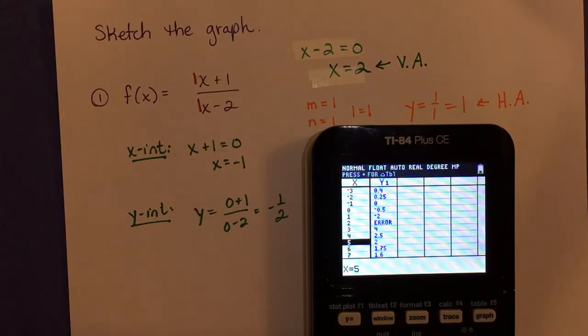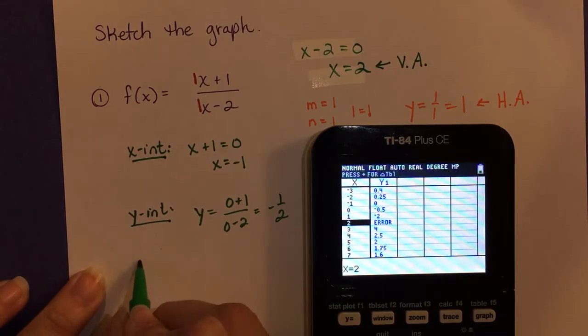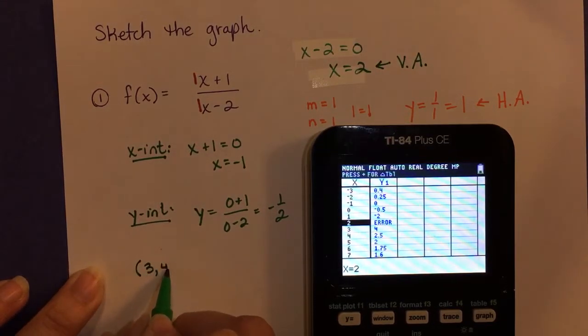Those will all be good numbers to use. If you notice right here at +2, you have error. That's because that's where your vertical asymptote is. So I'm just going to list a couple more points over here to the side. I'm going to use the point (3, 4), and I'm going to go ahead and write down (5, 2).